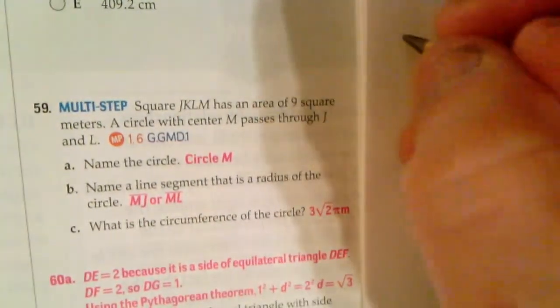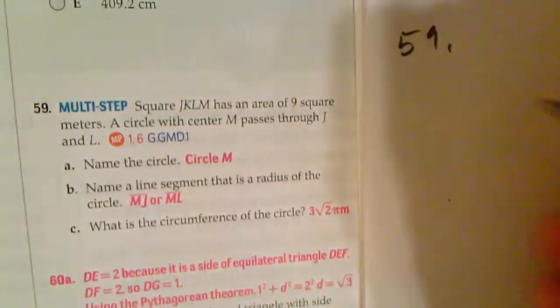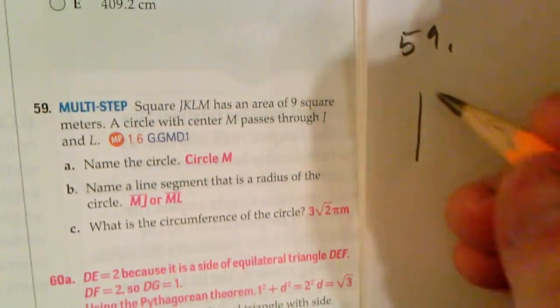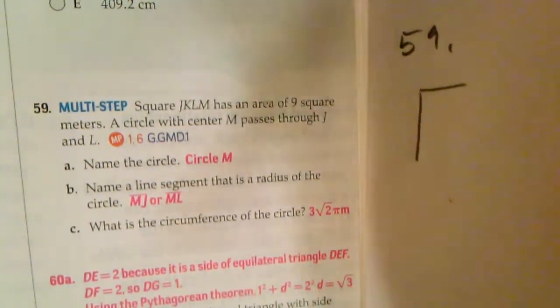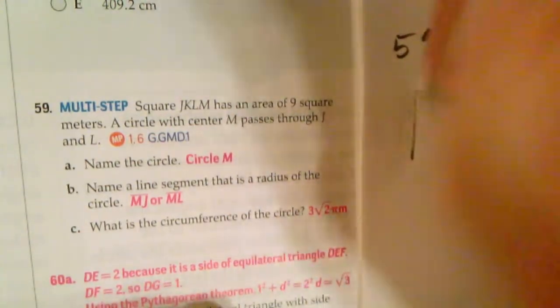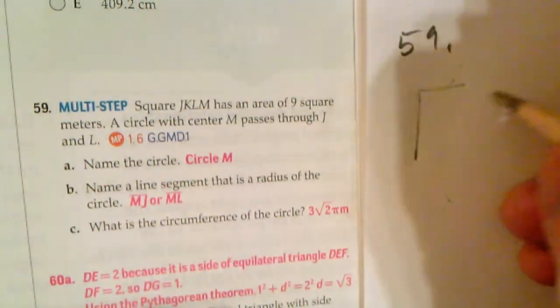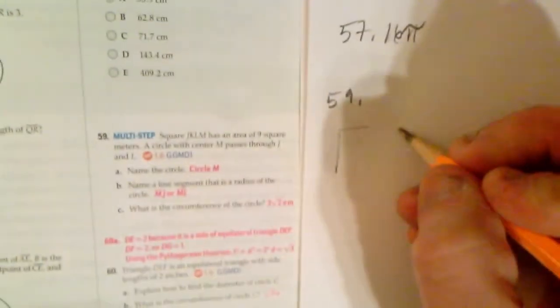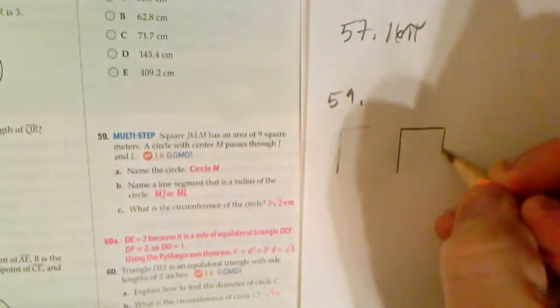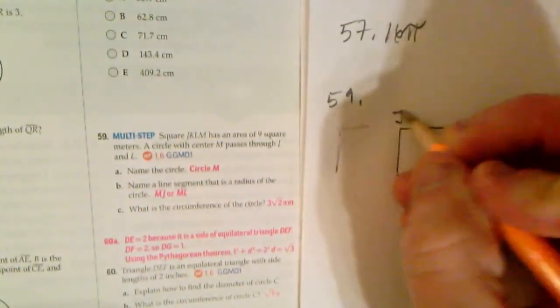So before I do anything with number 59, I'm going to draw myself this square, JKLM.